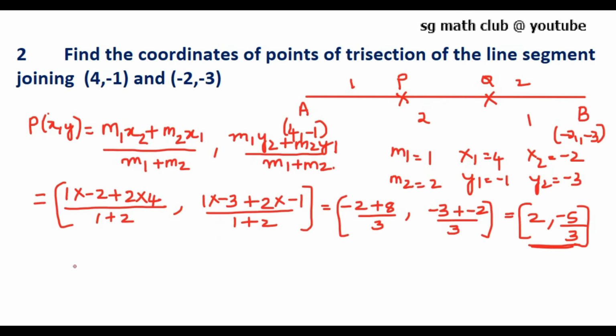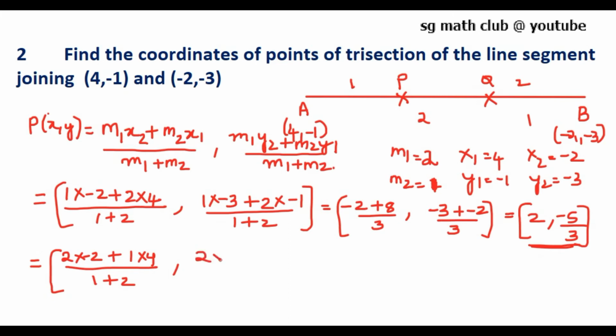Now we will find the coordinates of Q. In the same way, in this case we need to change the m1 and m2 values. m1 will be 2 and m2 will be 1, and x1, y1, x2, y2 remain the same. So here we will write 2 into minus 2 plus 1 into 4 divided by 1 plus 2.